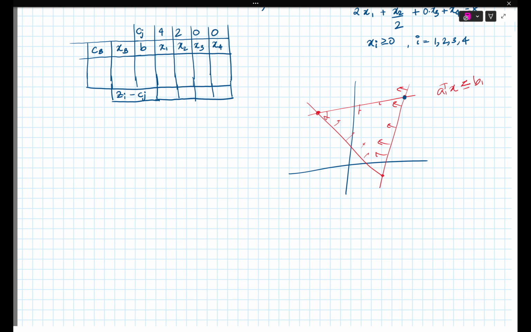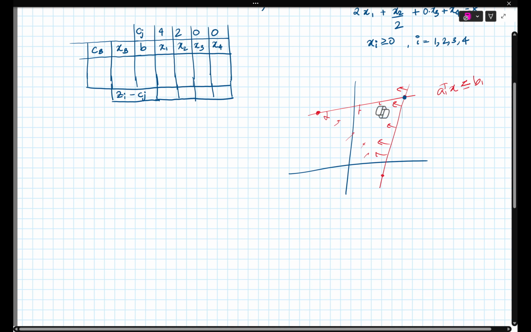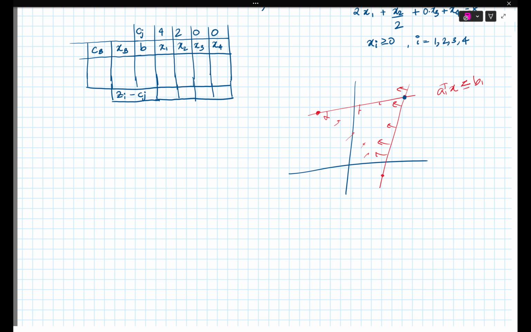A vertex is made by two constraints. Even if I take out this constraint, I still have that vertex. Similarly, for this vertex, if I take out this constraint, I still have that vertex.